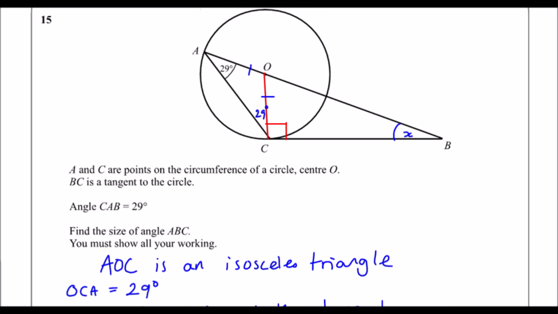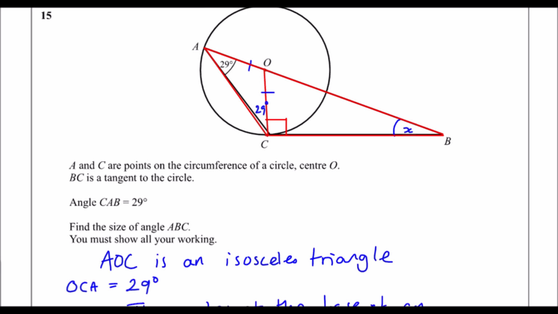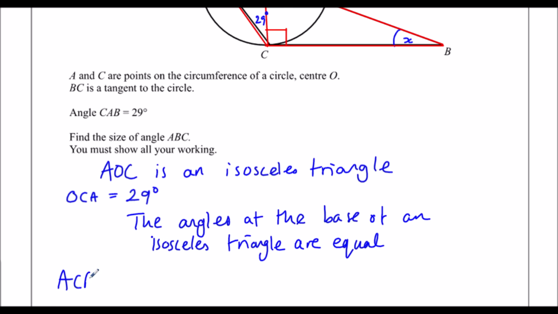So we can use this big triangle now, this whole triangle, ABC, and say angles in a triangle add up to 180 degrees. So angle CAB, angle ACB, so ACB is 90 plus 29.